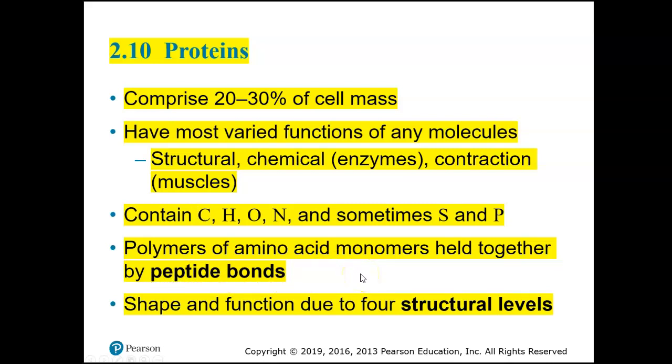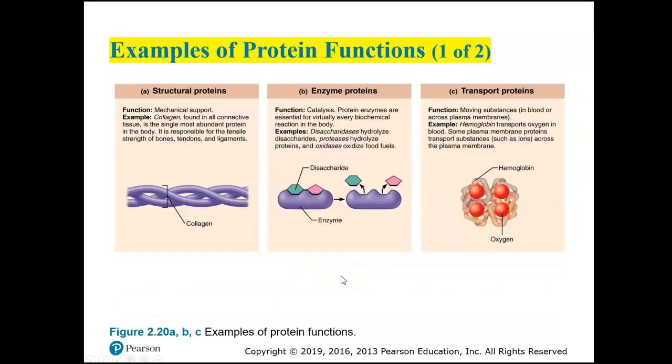When you have a chain of amino acids, it is called a peptide. Once it undergoes a lot of complex structural changes, it will become a protein. So there are 4 levels of structure in a protein. Before we get to that, we have examples of proteins.